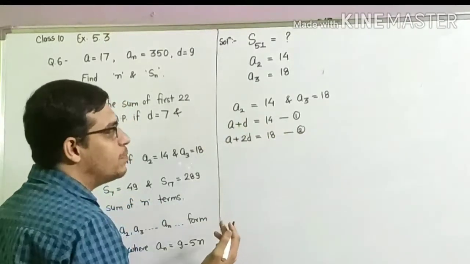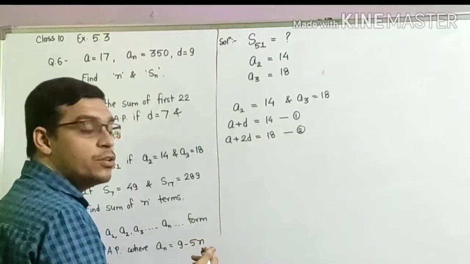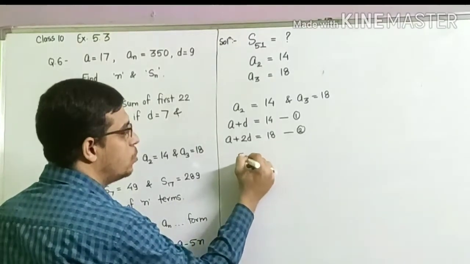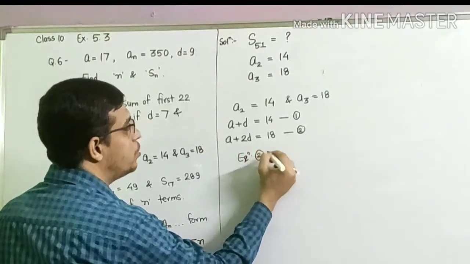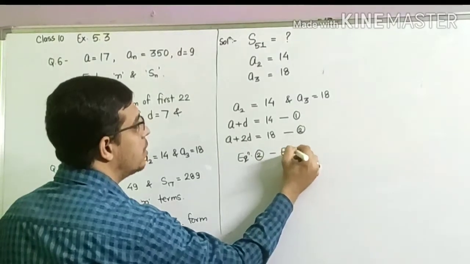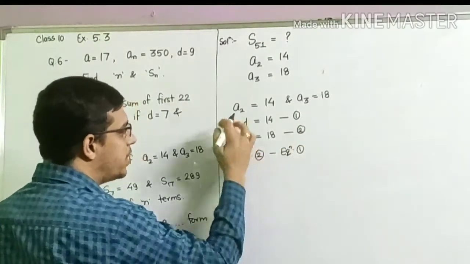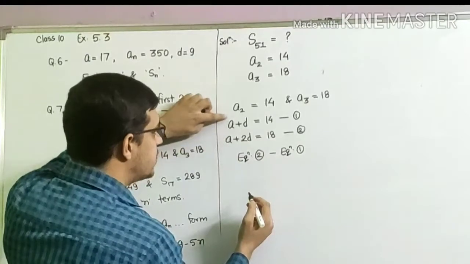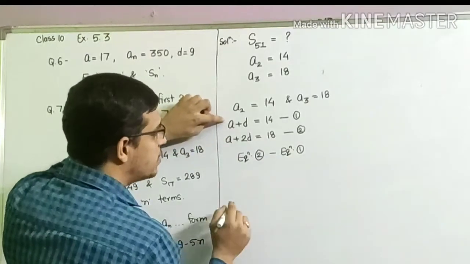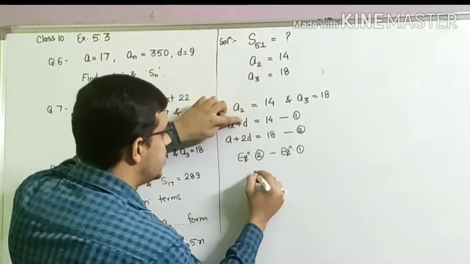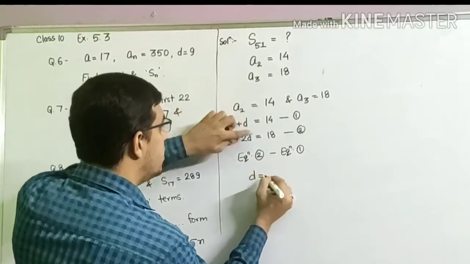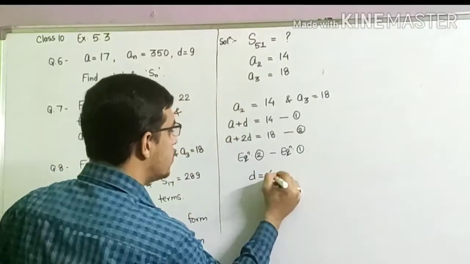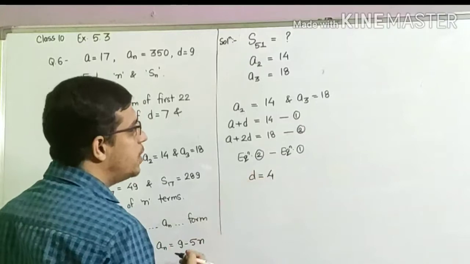These two equations can be solved by the elimination method. So I am directly doing equation 2 minus equation 1. This minus this, a minus a cancels, 2d minus d is d, and 18 minus 14 is 4. So value of d is 4.